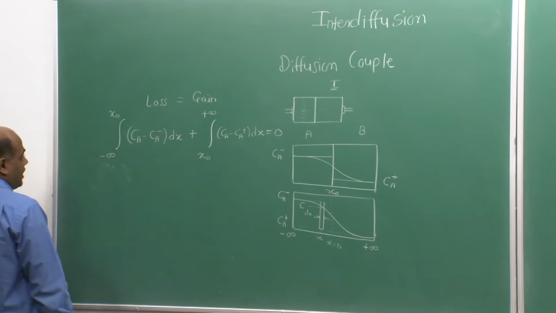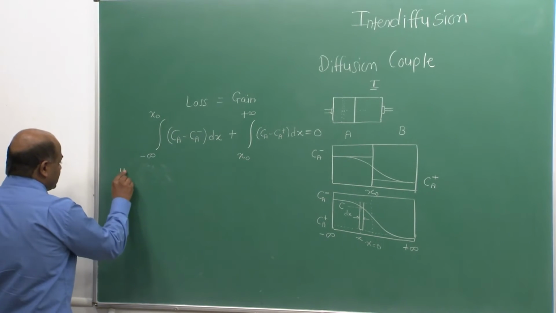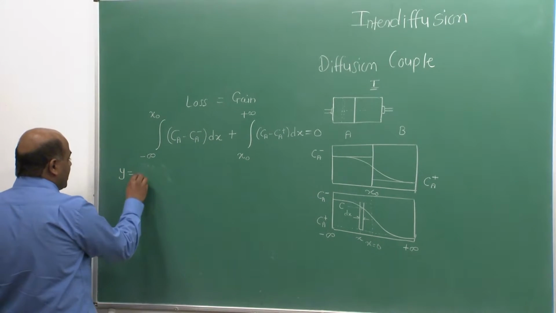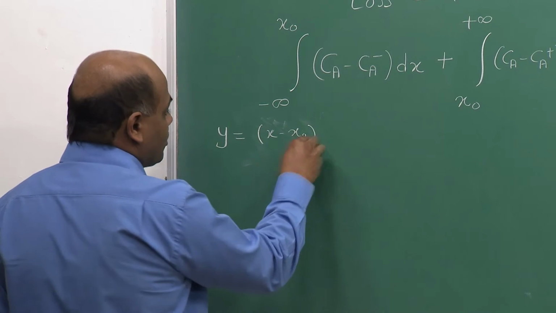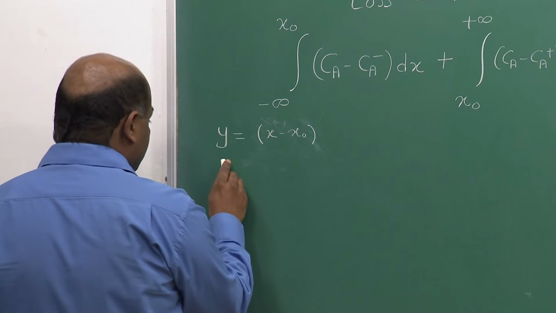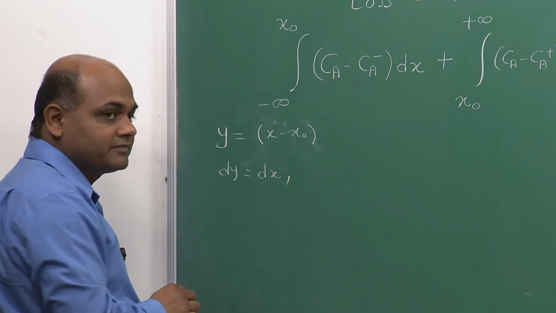Now, if we substitute y equal to x minus x naught, we will get dy is equal to dx.